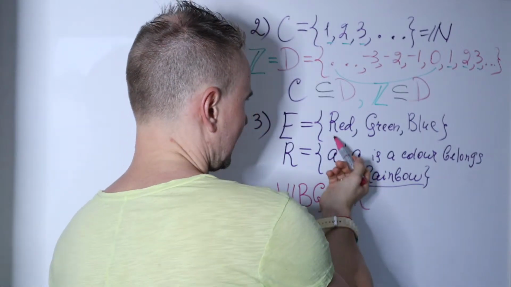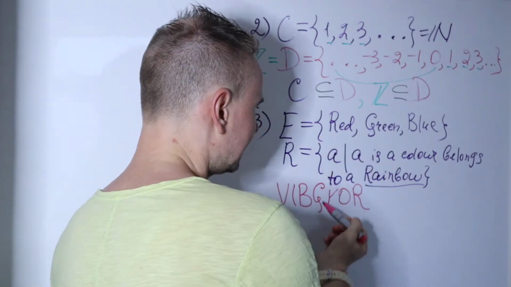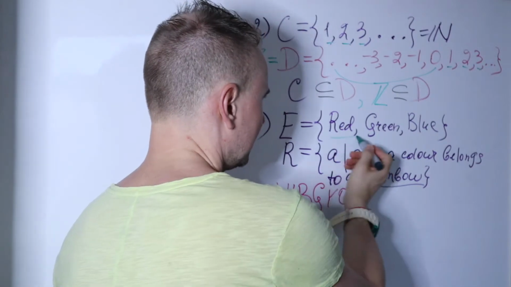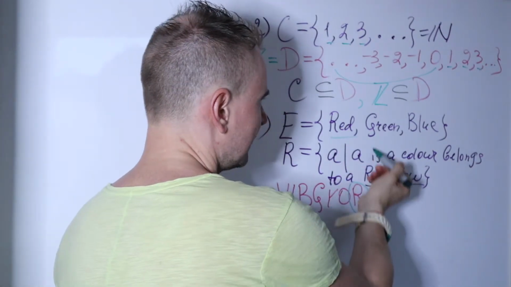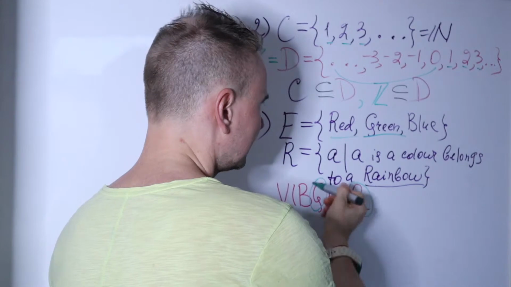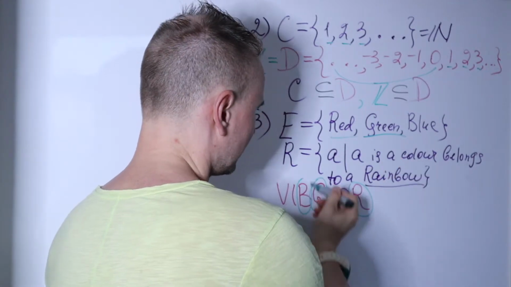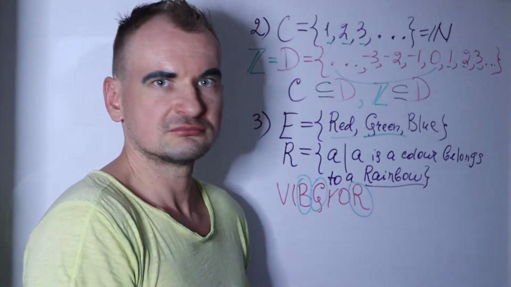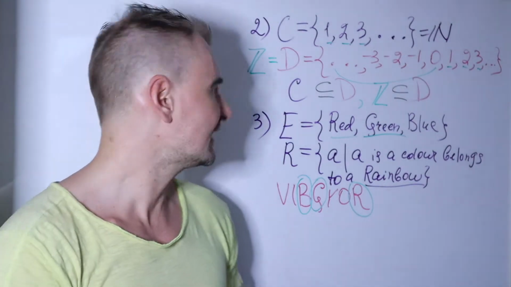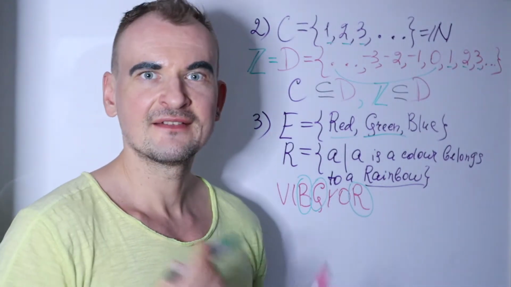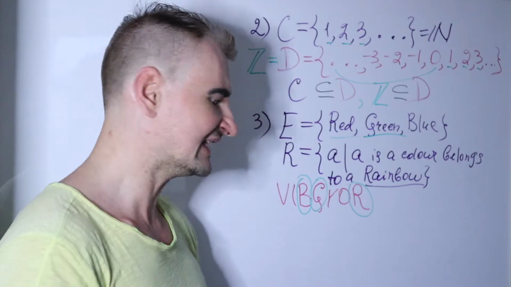So in set E we have red, which is here, we have green here, and we have blue. So we can conclude that set E is a subset of set R.